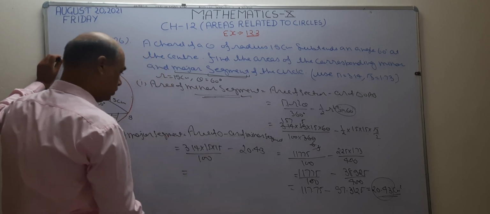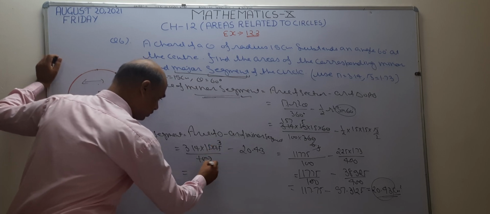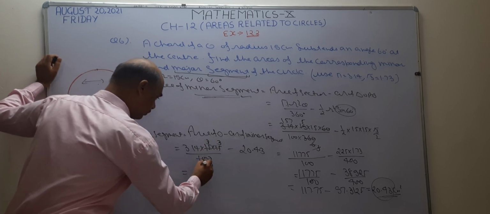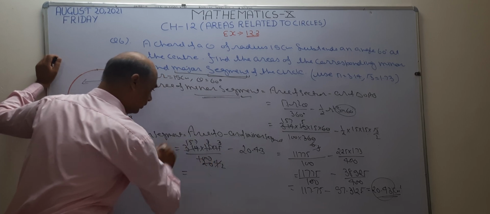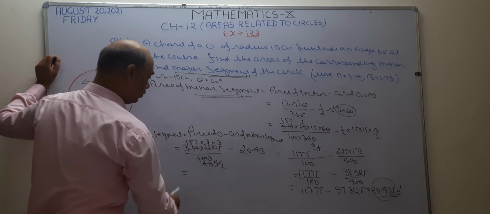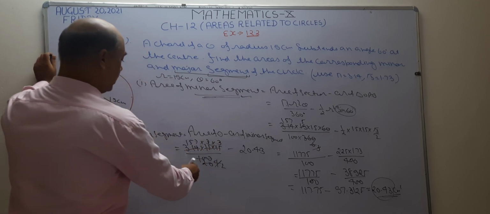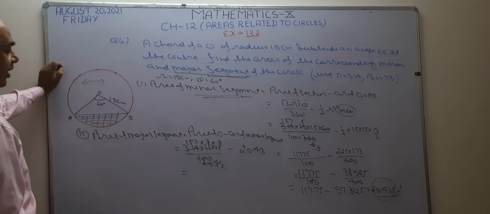Now you are going to solve this. 5 3s are 15, 5 4s are 20, so this becomes 2 2s are 4 and this becomes 2.57. Now multiply these 3 terms and divide by 2. 3 3s are 9, 9 is going to multiply 157, and you divide it by 2.